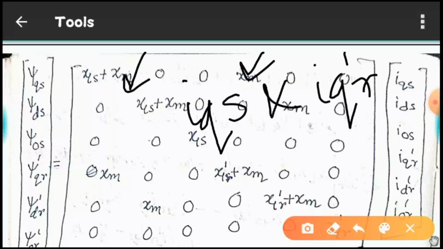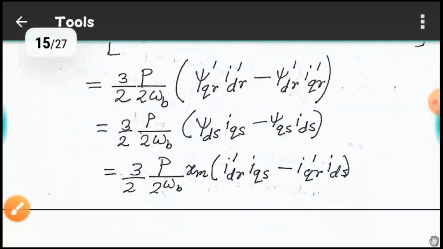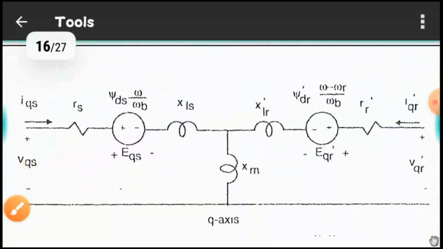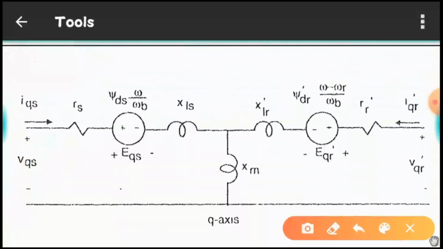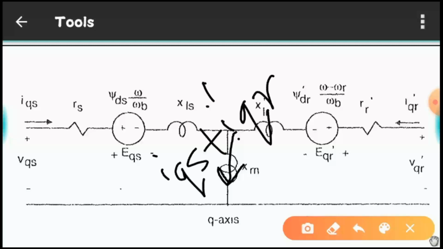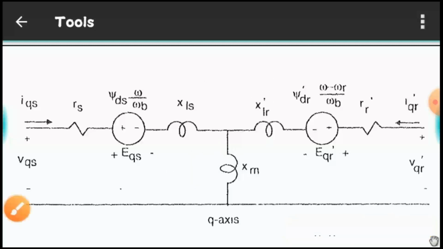So we can have a model like this, where this is the current through our I_QS and this is the current through our I_QR, and both of them are flowing through the same path. Here the total current I_QS plus I_QR dash is flowing through this, and that is quite a valid explanation.